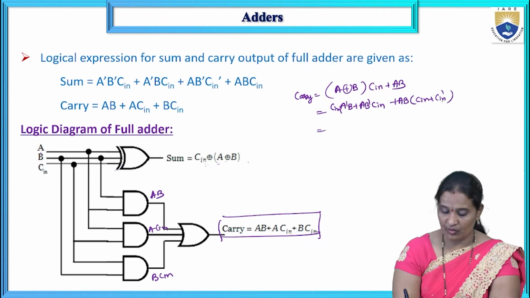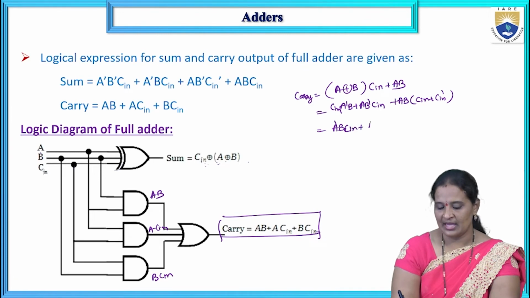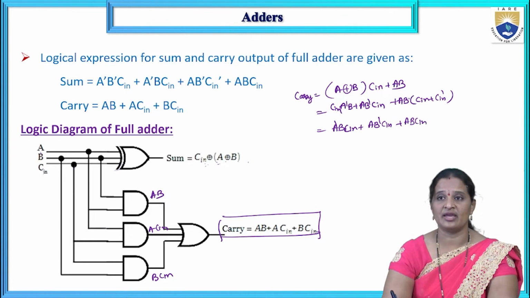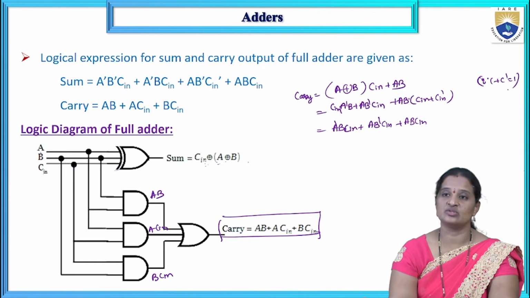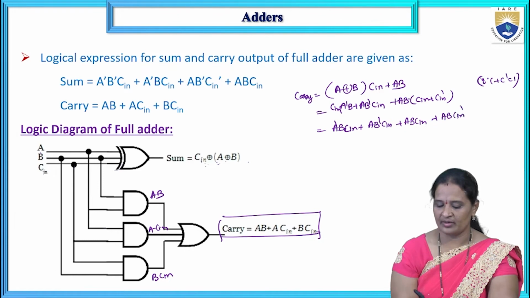So here we get A bar B Cin plus AB bar Cin plus AB Cin. I'm just multiplying with Cin plus Cin complement, which doesn't make any change because we know that C plus C complement is equal to 1. So I'm just multiplying by 1, giving plus AB Cin complement.